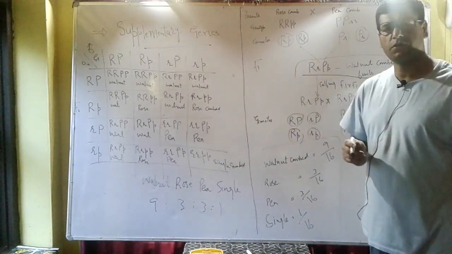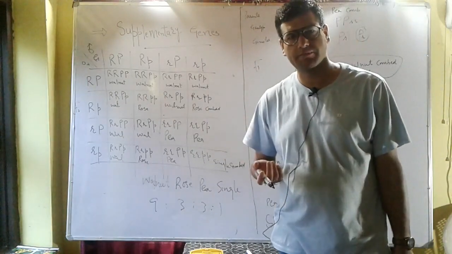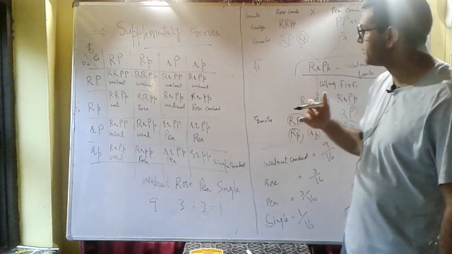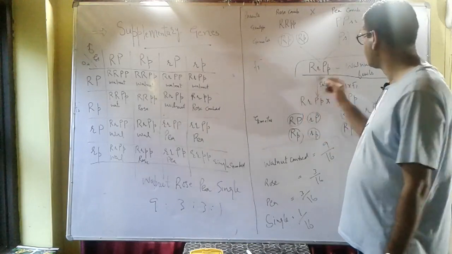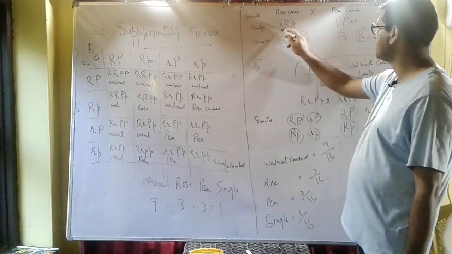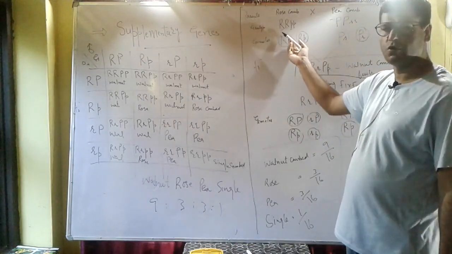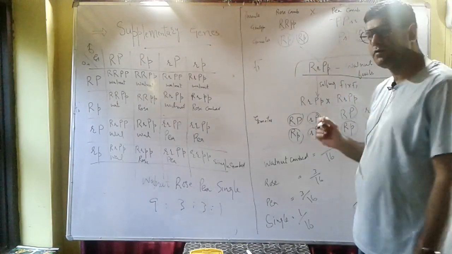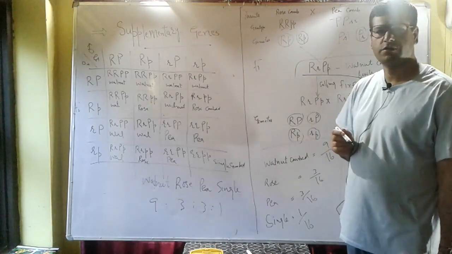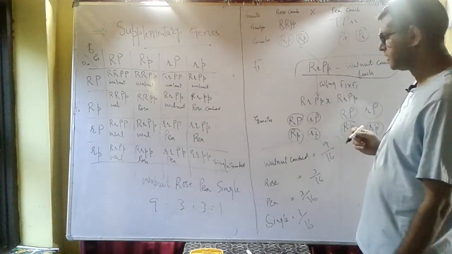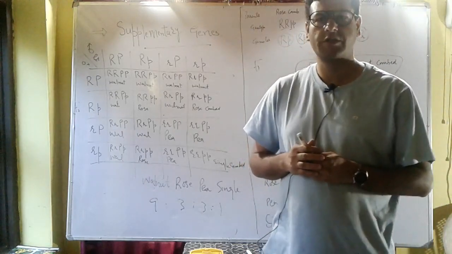In a simple dihybrid cross, the F1 individual resembles the parent, whereas in the case of supplementary genes, the F1 individual does not resemble either of the parents. Here we have parents rose combed and pea combed, whereas in the F1 generation we get walnut combed individuals. This is because of the interaction of the supplementary genes.